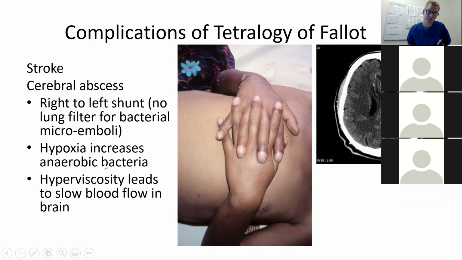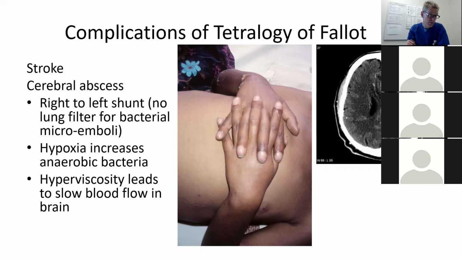And part of that is that when these children have severe hypoxia, like they might have saturations that are in the 70s or 80s, then that hypoxia increases the risk of anaerobic bacteria growing, and often their cerebral abscesses are due to multiple different bugs, but particularly anaerobic bacteria.